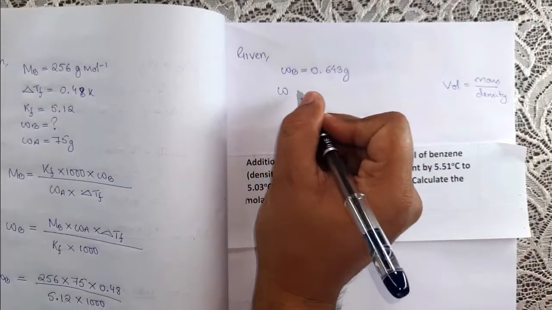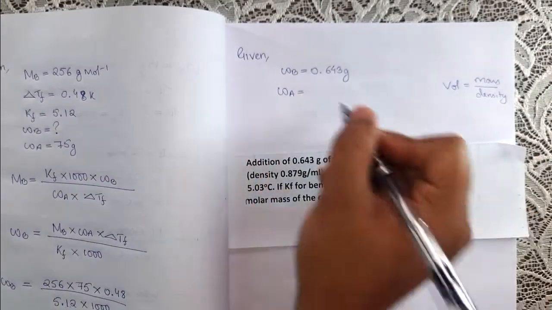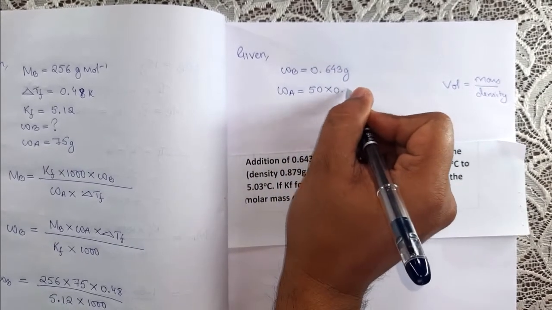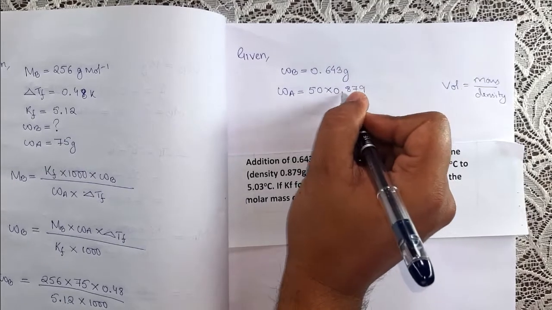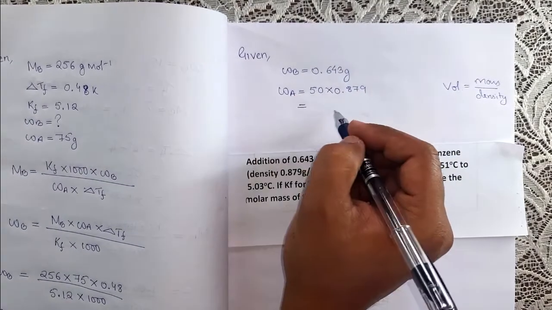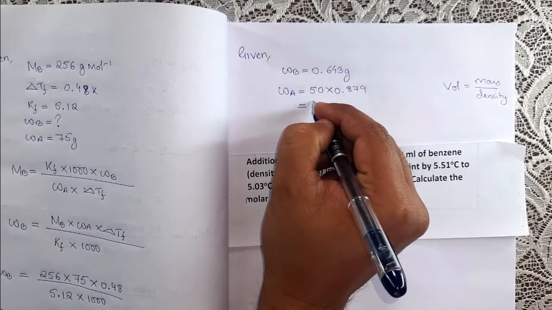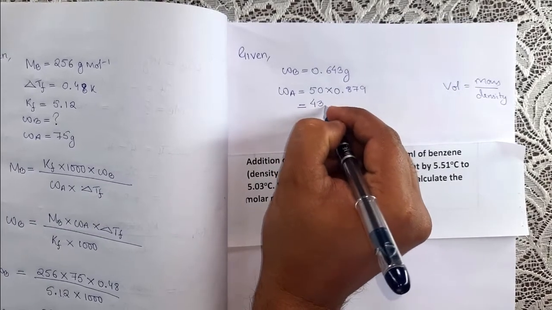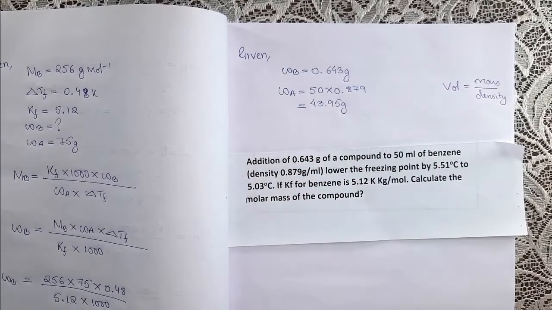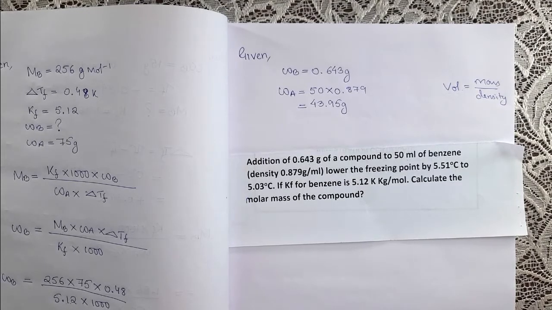So our WA, if we multiply these values, we have 43.95 gram. So that becomes our WA. So remember, if it is given in volume, you need to multiply with density in order to convert it into gram.